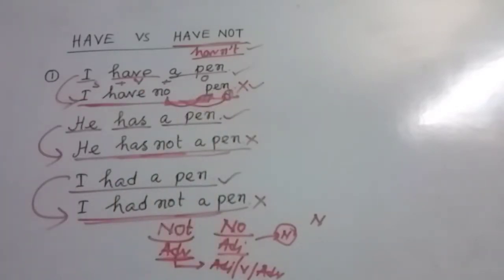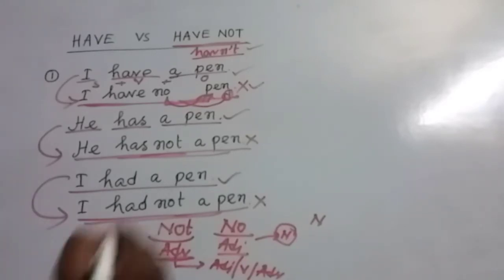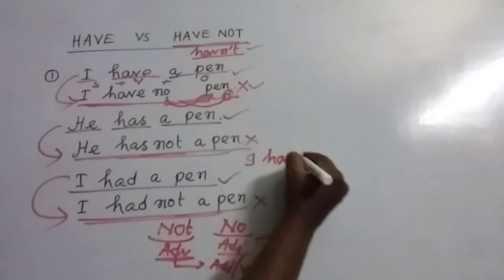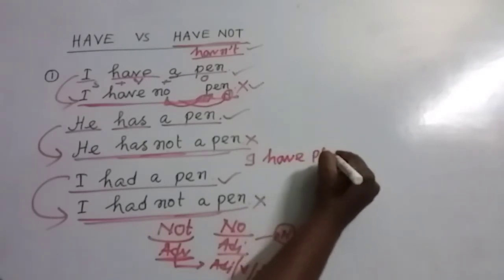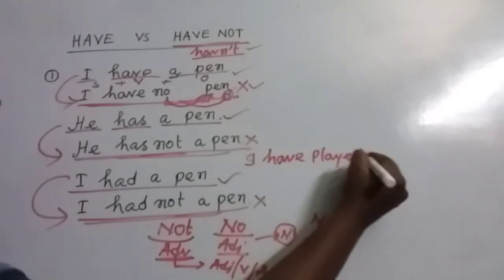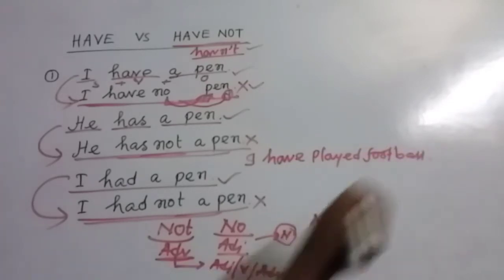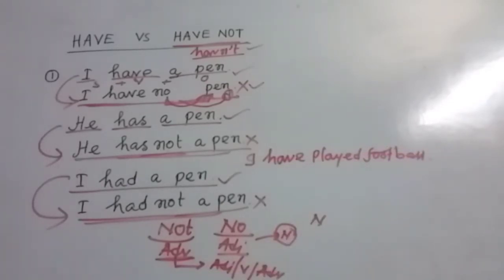And another thing is that, my dear friends, you have seen whenever we use not, we write in this way. Look at this sentence. I am writing I have played football. The sentence is I have played football.